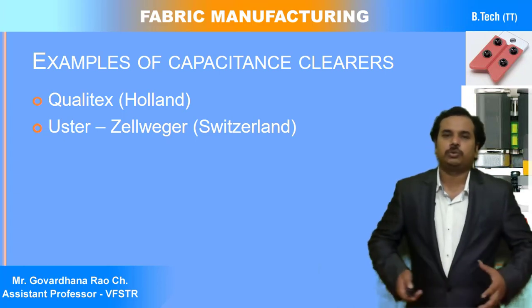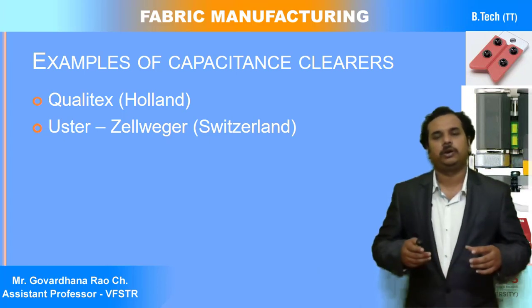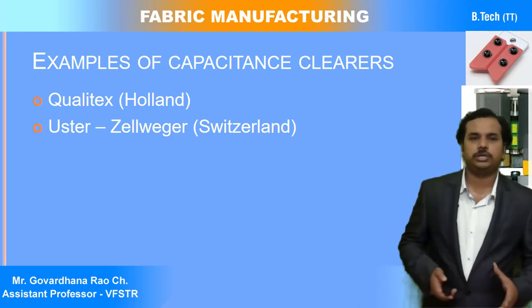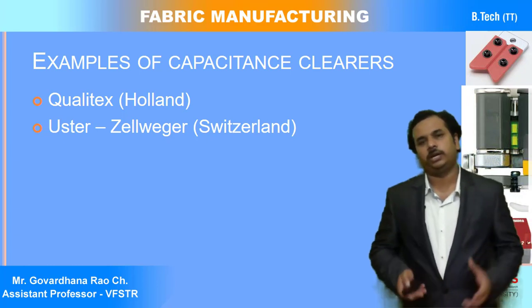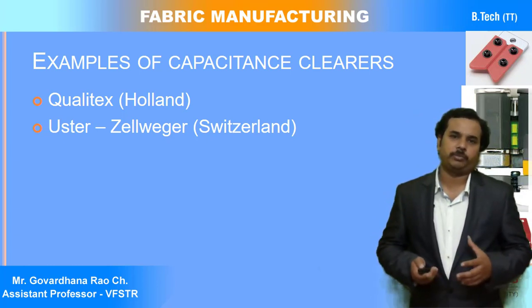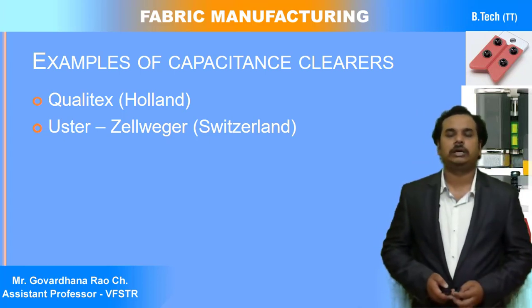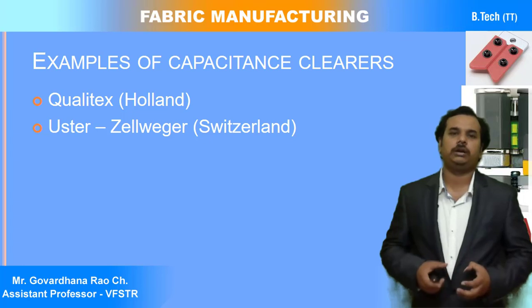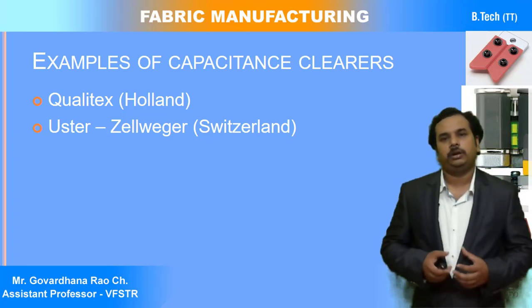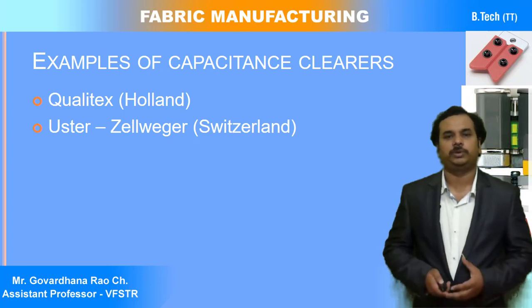Qualitex is one of the brands, developed in Holland, and Wooster Zellweger is one of the leading yarn clearers which works on the capacitance principle. Wooster is one of the major and most popular clearers presently used in the winding machine.